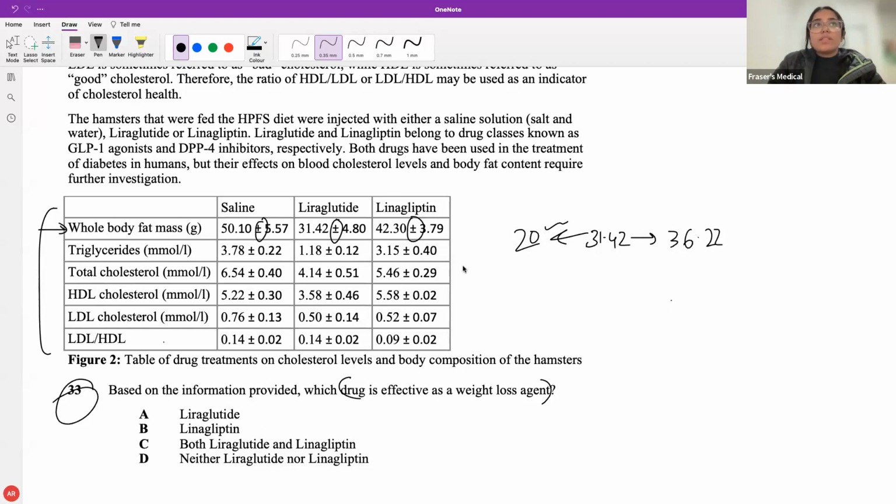Compare that with the saline, which is 50.10. You add 5.6, and that becomes 55.7. You decrease 5.6, and that becomes 44, something like that.